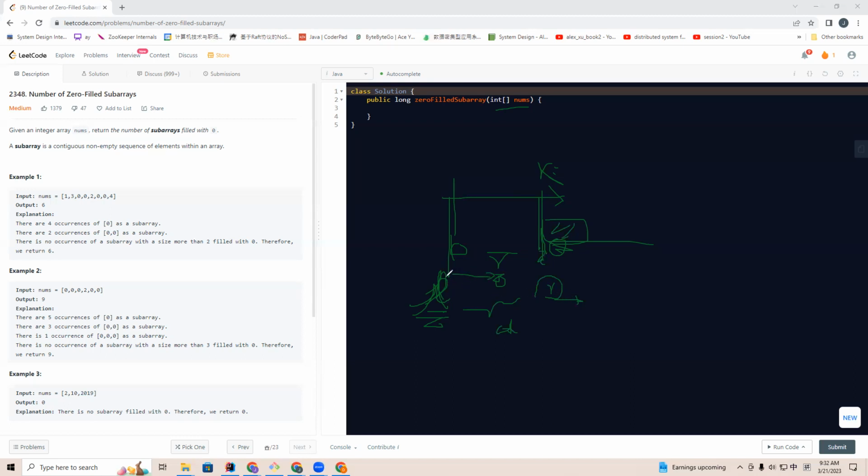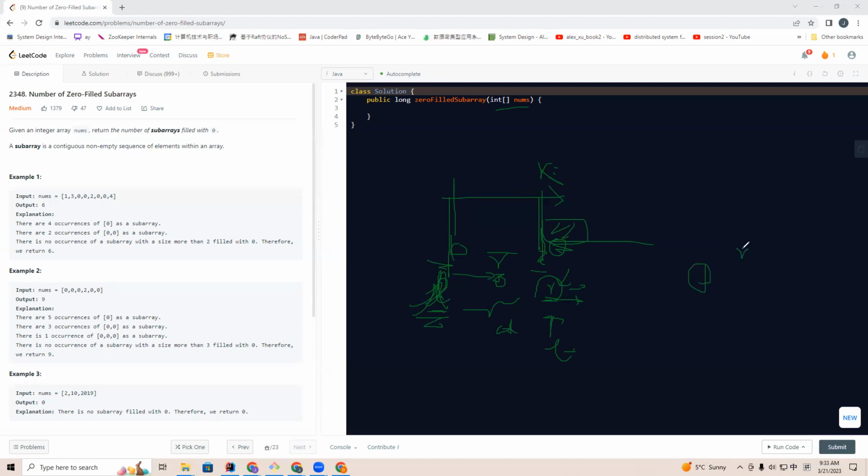Then we finish this count because we already got this range, and then we move the left pointer to the same position as the right pointer. If the right is still not 0, we just move the left the same step as the right.